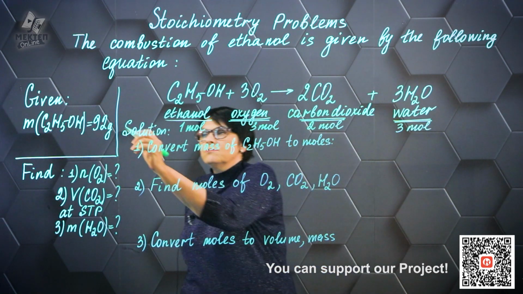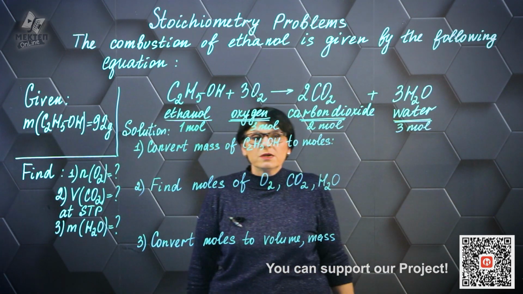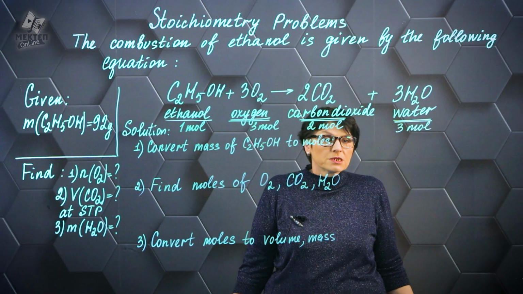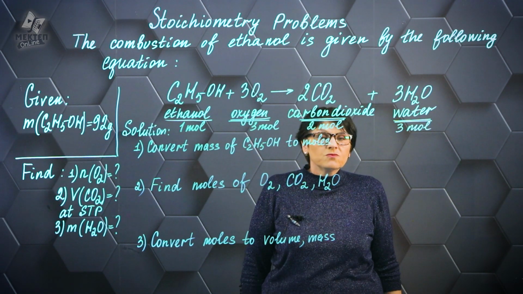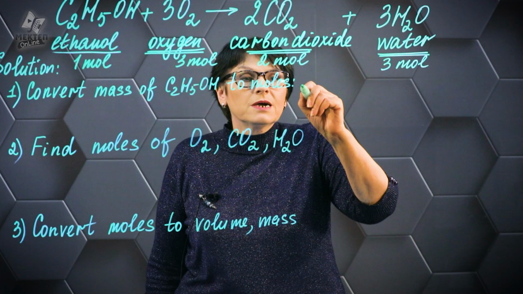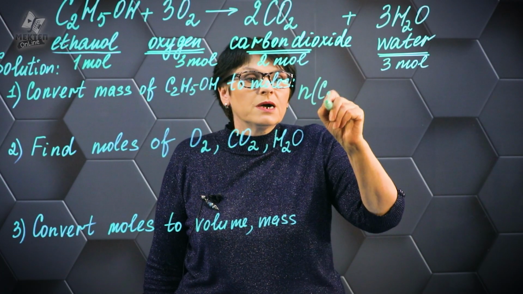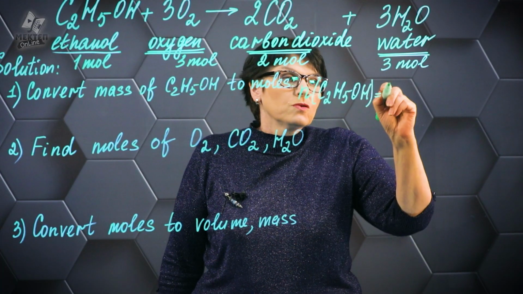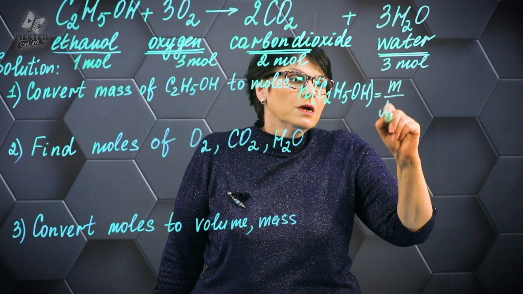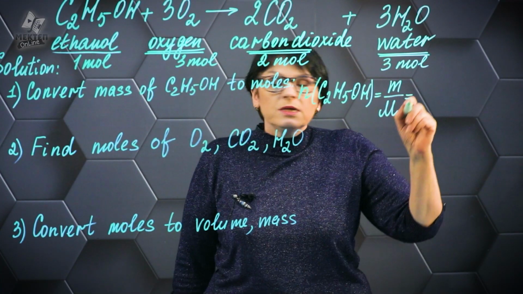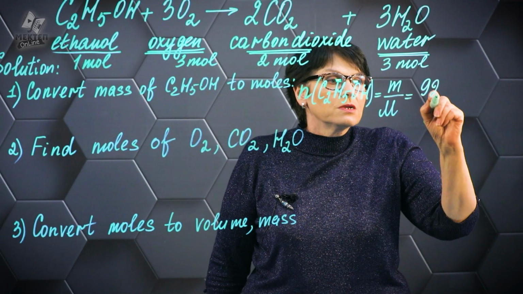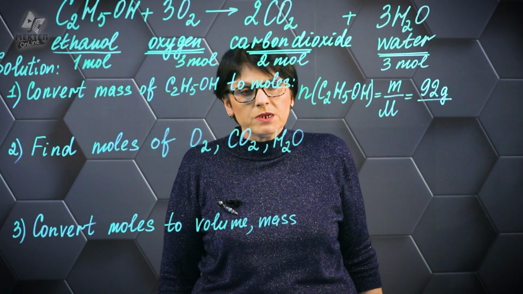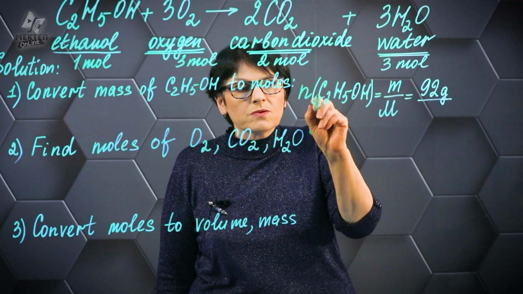Now, moving on, we know the mass of our substance, ethanol. The first thing we have to do is convert the data of our problem, if they are not given in moles, into moles. Accordingly, we can find the moles of C2H5OH through the formula: the mass divided by the molar mass. So it will be 92 grams, and we can find the molar mass through the periodic table.